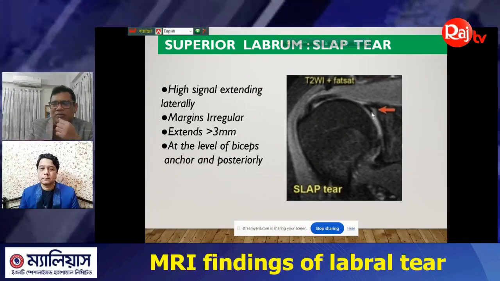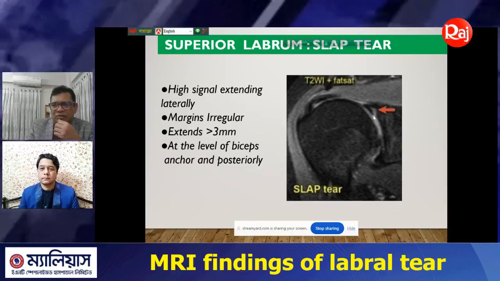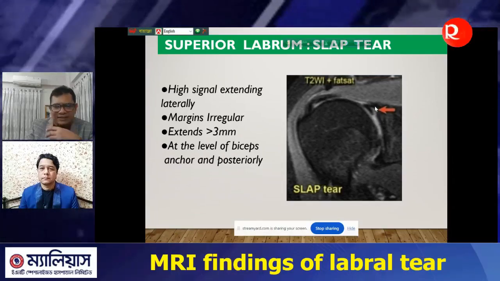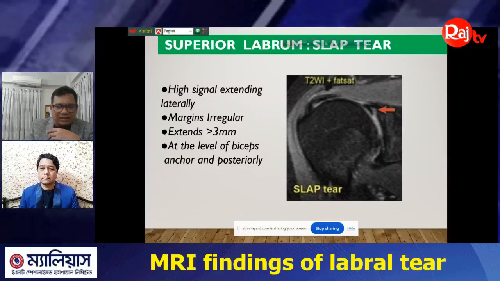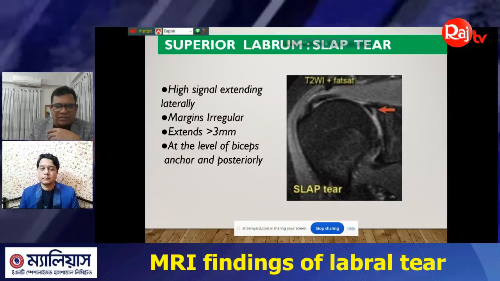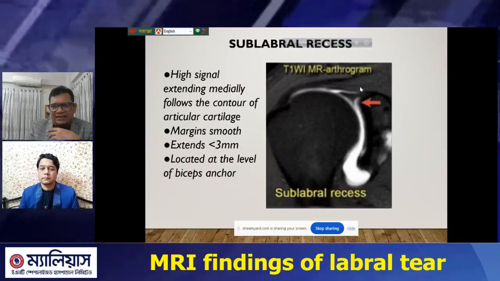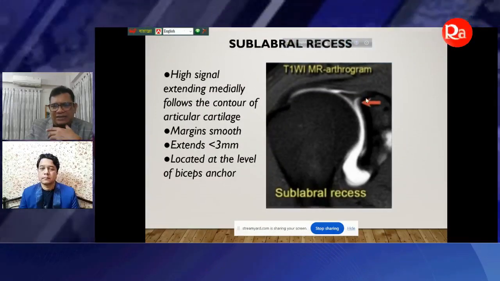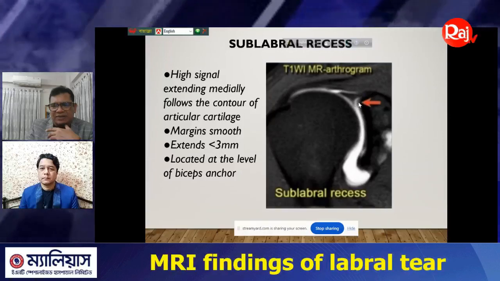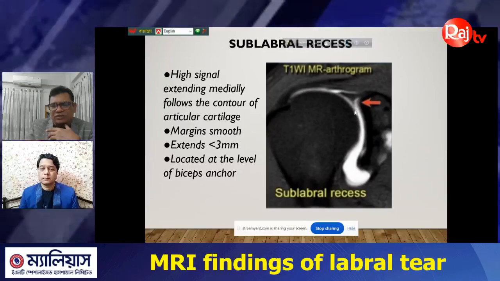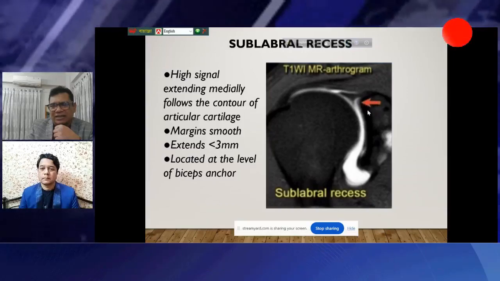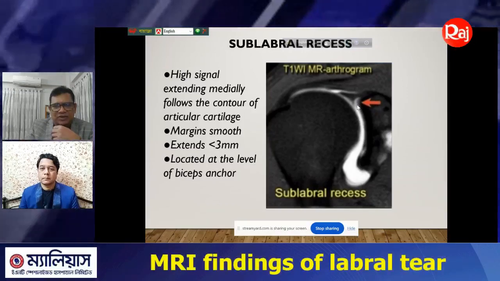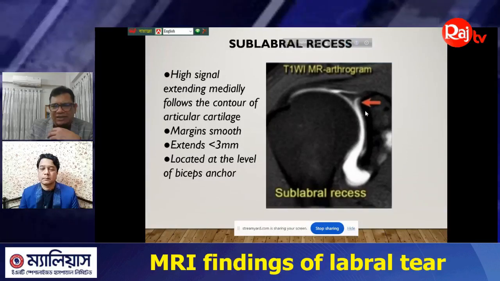Sometimes we confuse a superior labral tear with the sublabral recess. We can see in the next slide what happens in the normal anatomical variant. This is the sublabral recess in the superior labrum, and this is always smooth and directed medially, that means towards the glenoid, and it corresponds to the contour of the articular cartilage.